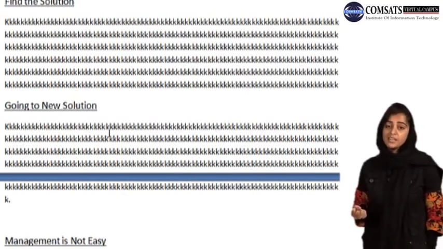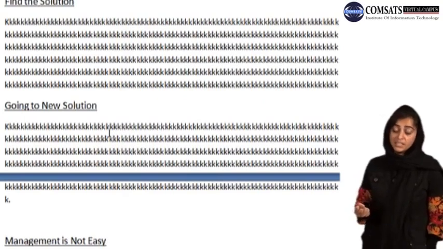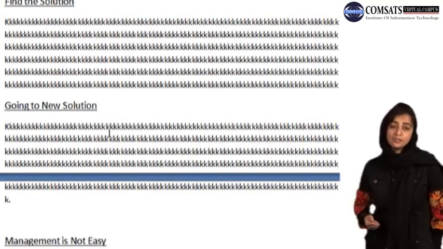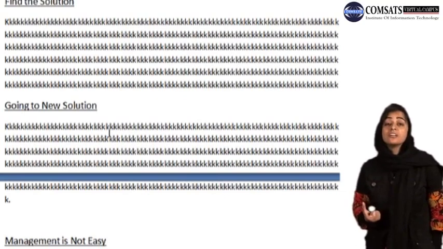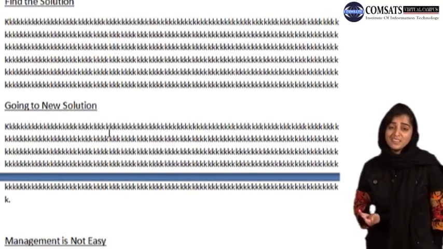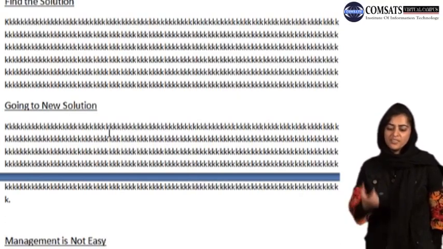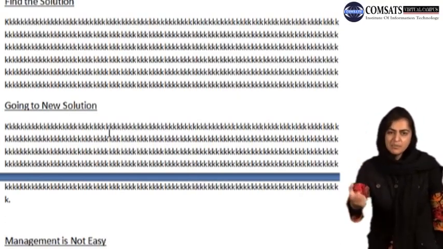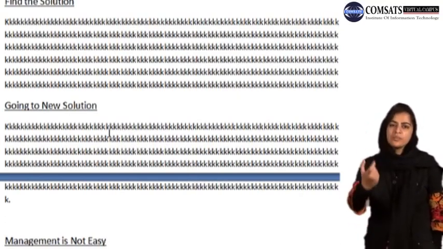It should have been the imperative type. It might have been go to new solution. Then it would have got converted to the imperative type. But here it is going to a new solution, the variant type of heading being used. So it's not parallel with the imperative type that was used in the third degree above.